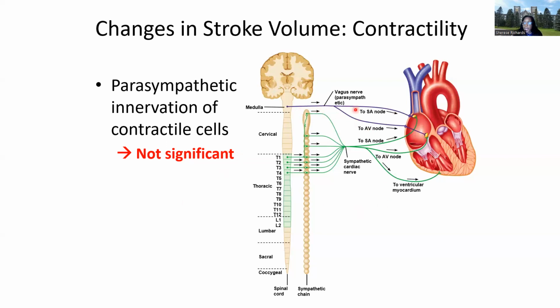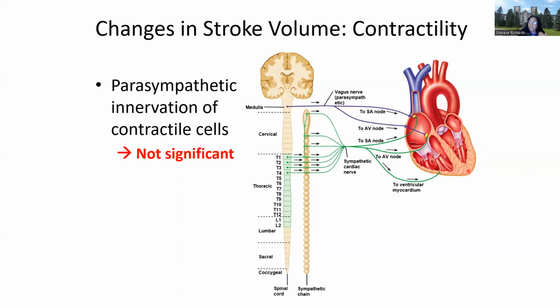If we look at the neurons that are parasympathetic, they are only going to the SA nodal cells and then to the AV nodal cells. They are only influencing the pacemaker cells. The parasympathetic does not have a significant influence on the contractile cells of the ventricle.